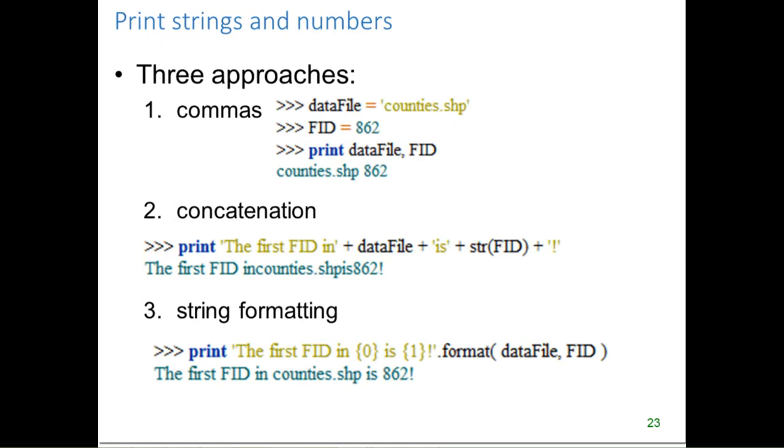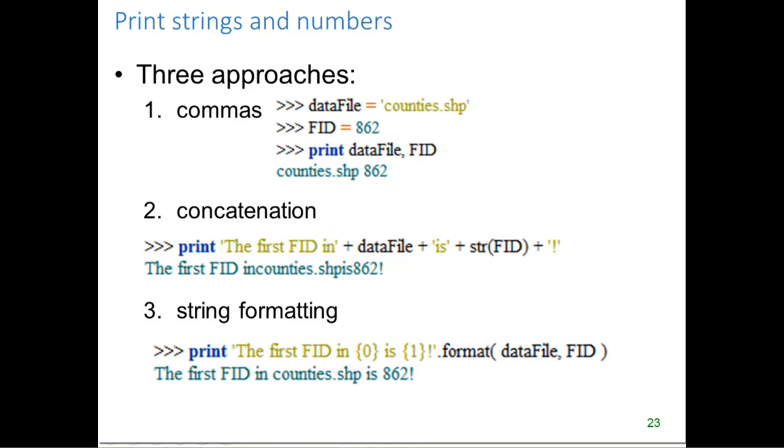Here are 3 approaches for printing strings and numbers together in one statement. If we have a string variable and a numerical variable that we want to print in one statement, like the data file and FID we have here, you can use a comma, and that'll put that space in between the two.